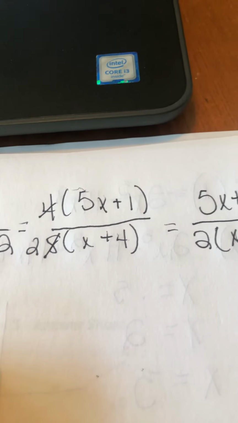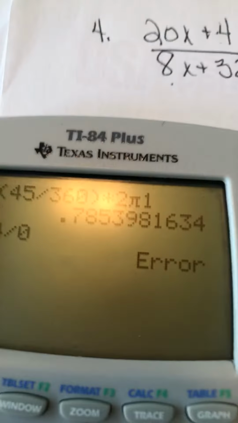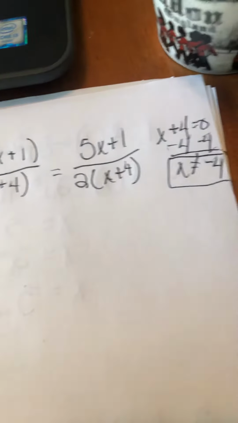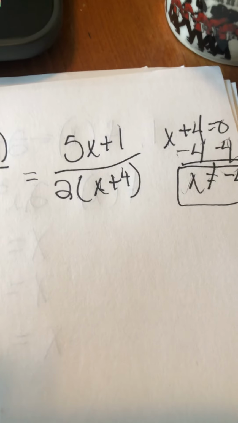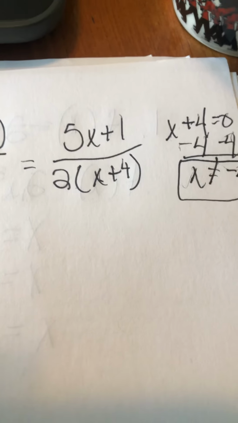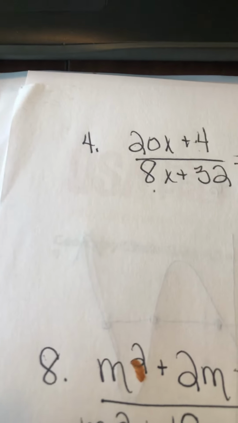What happens any time I try to divide anything by 0? You get an error message, because that is what we say is undefined in math. So when we solve these, x can equal anything, but it cannot equal negative 4, because if it does, it makes my solution undefined.